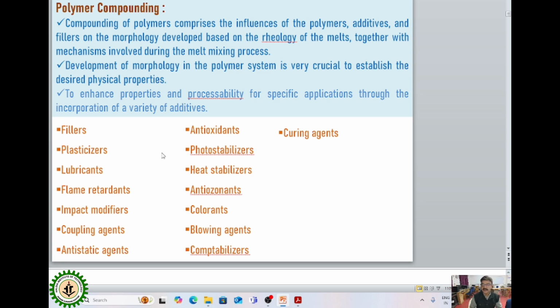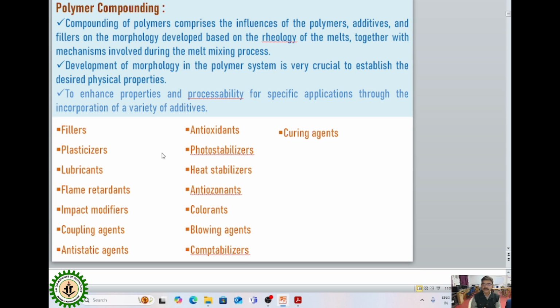The virgin polymer, which is obtained from the petrochemical industry, is used by different customers, and for giving the final shape of the polymeric product, it is required to meet the criteria where it is to be finally used.